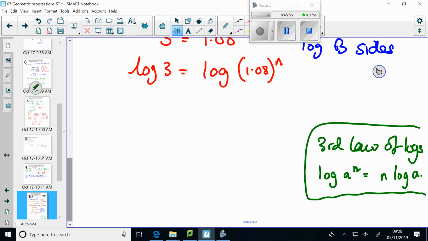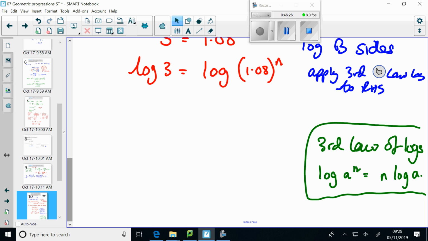Can you see how I can rewrite this side, which will enable me to get n on its own? Apply the third law of logs to the right hand side. What does that third law mean I can do with that?